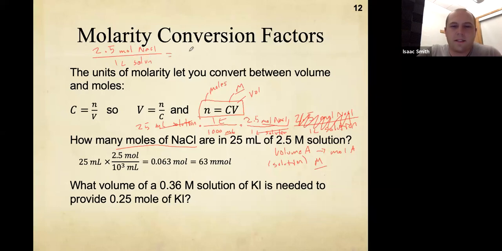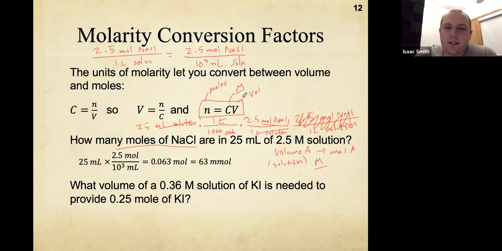That's the same as saying 2.5 moles of sodium chloride per 10 to the third milliliters of solution, since 1 liter is equal to 10 to the third milliliters. And that's what the PowerPoint shows here. But if you like walking through it step by step like I do, I think that's a good way to do it.